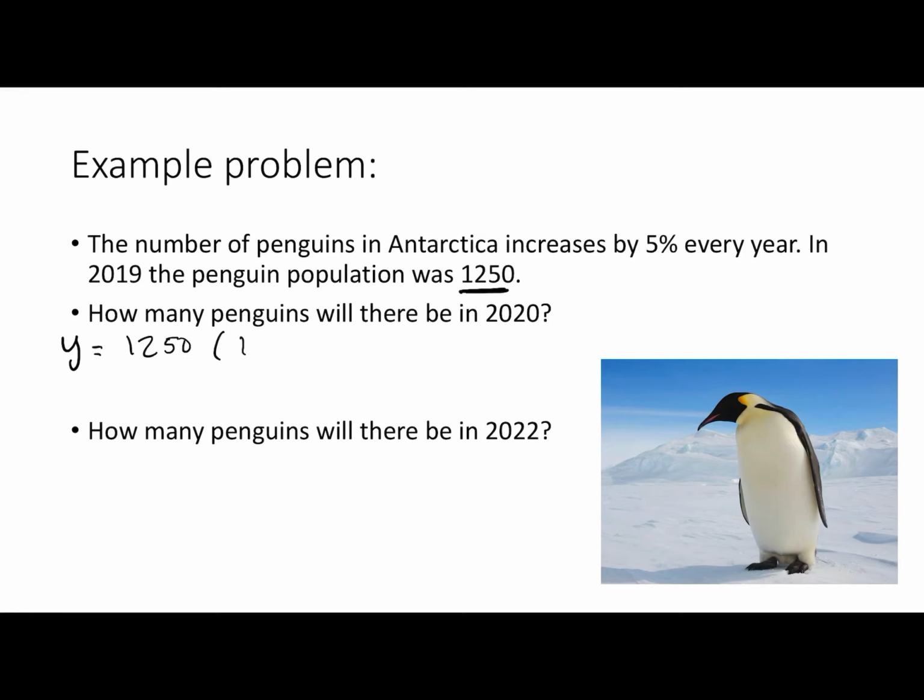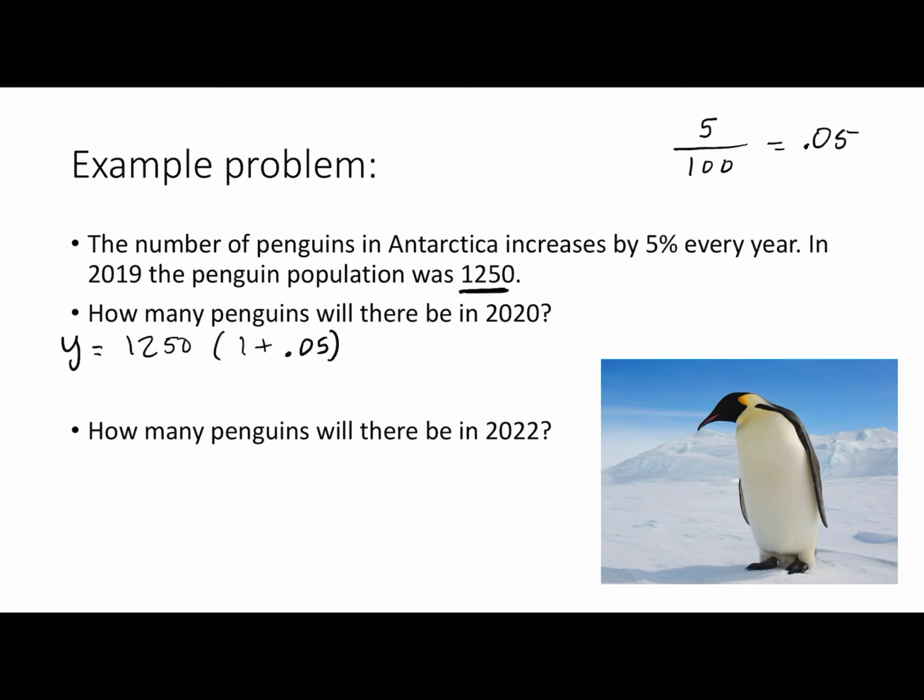Our growth rate is going to be 1 plus our percent increase, but the percent increase has to be written down as a decimal. The easiest way of getting that decimal is turning that percentage 5 and dividing it by 100, just in case you don't know how to do it. This turns into 0.05, and that's what you're going to be adding over here.